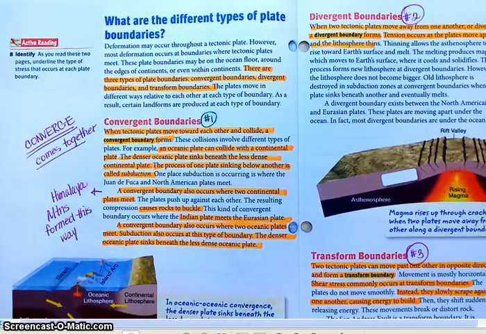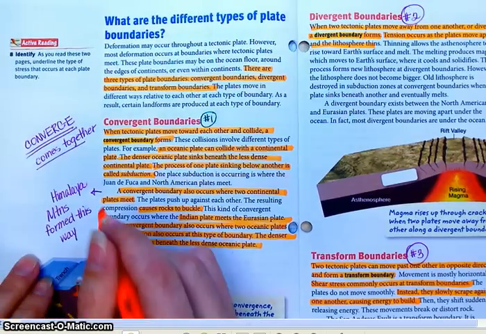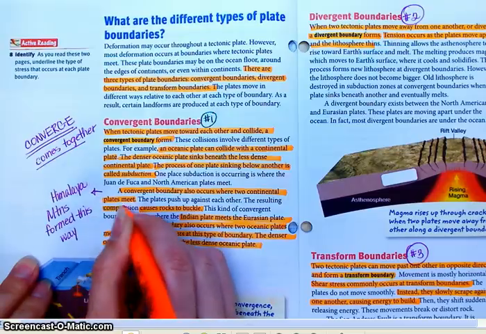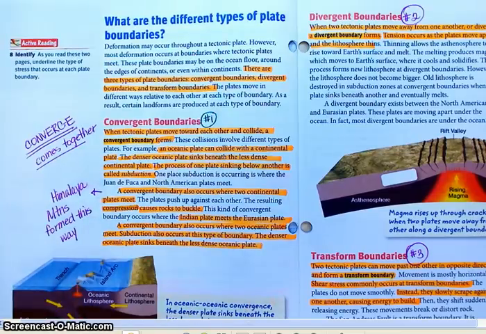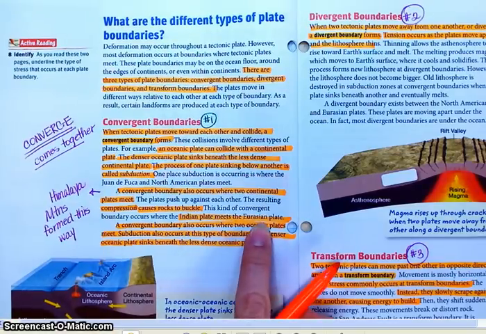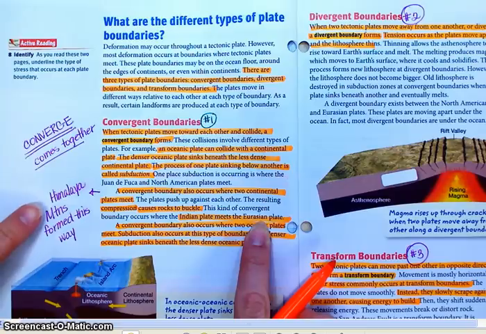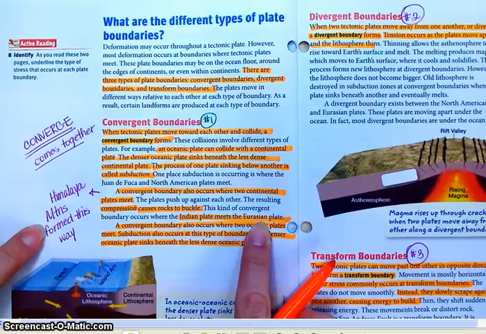The resulting compression, remember, compression is a type of stress, causes rocks to buckle. This kind of convergent boundary occurs where the Indian plate meets the Eurasian plate. Where the Indian plate meets the Eurasian plate, we have rocks that buckled and formed the Himalaya Mountains.